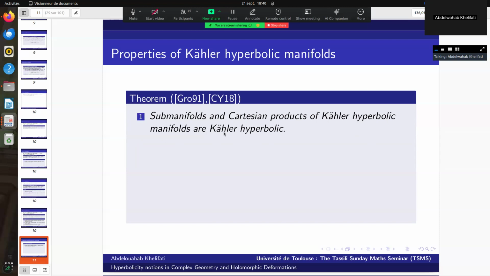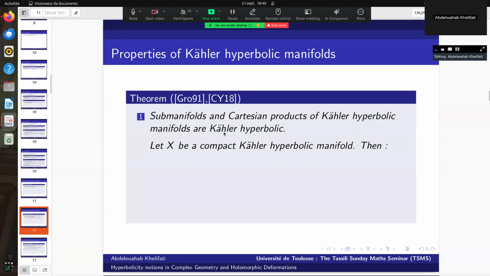And with this notion that Gromov introduced, there have been several interesting results answering some questions asked by Kobayashi and others. For instance, Kobayashi asked whether Kobayashi hyperbolicity means that you have a quite large, in some sense, fundamental group.